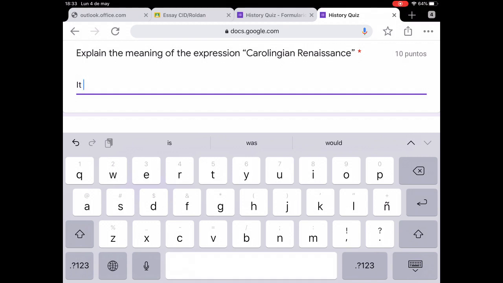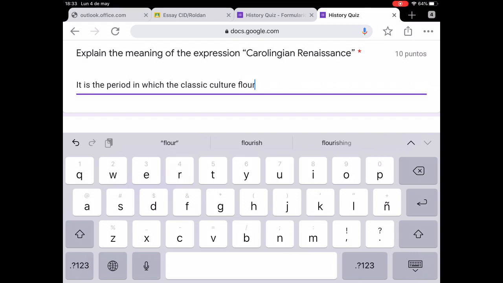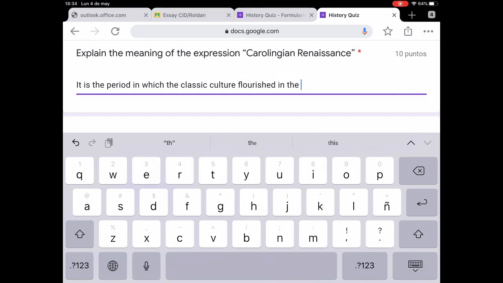It is also called the first Renaissance, or it is the period in which the classic culture flourished in the Frankish kingdom or the Carolingian Empire.